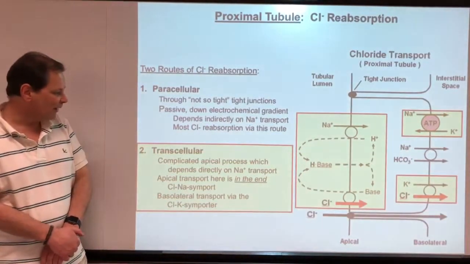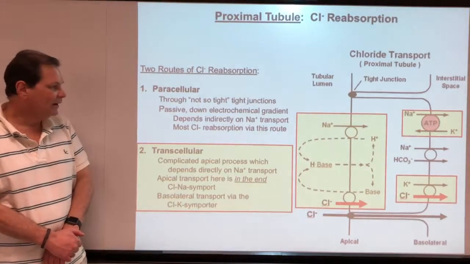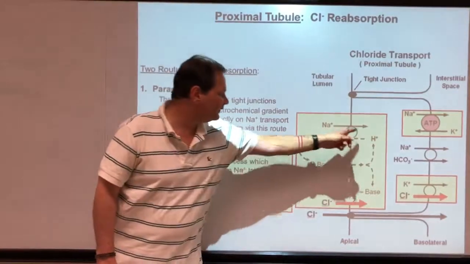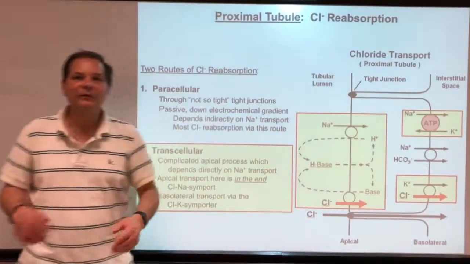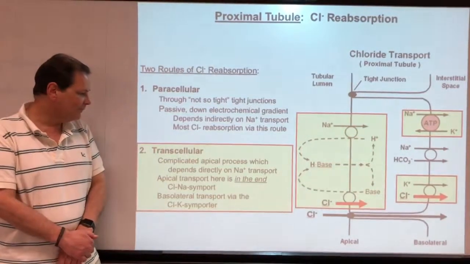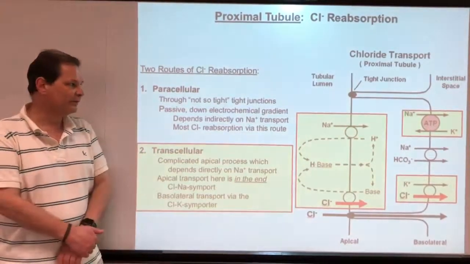Transcellular transport of chloride is kind of complicated, but all you need to know for now is that the net result is 1 sodium in for 1 chloride in, so it is effectively, indirectly, a sodium chloride co-transport or symport, okay?